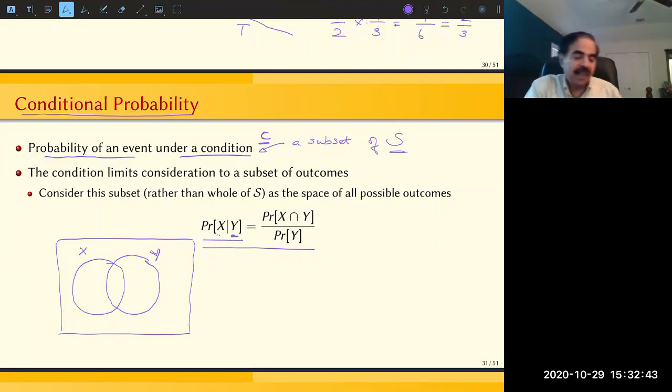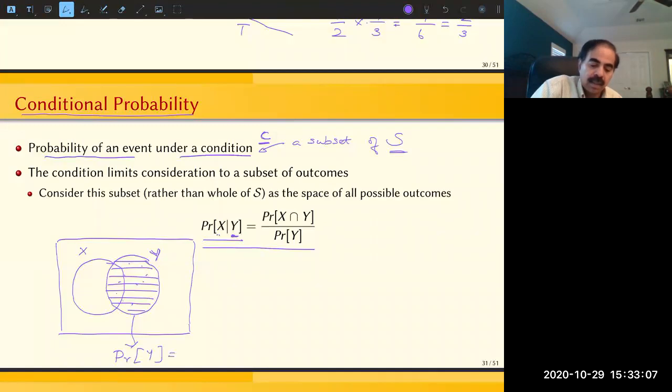So the way we define this is by saying that whatever is in Y, the probabilities of those points inside Y, we are going to assume add up to 1, and everything else adds up to 0, right?